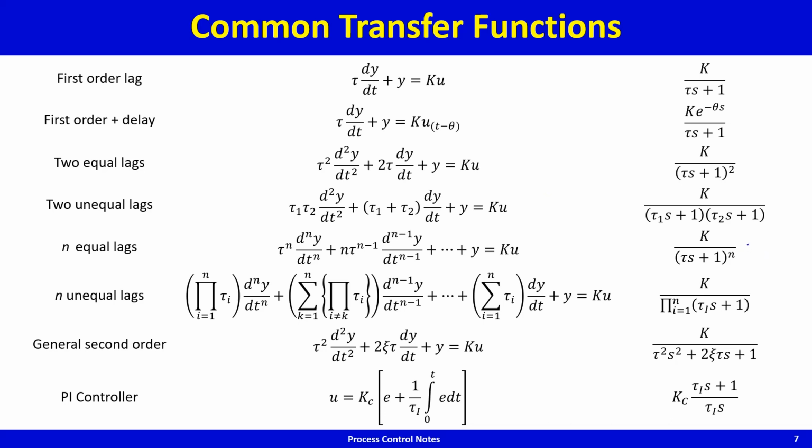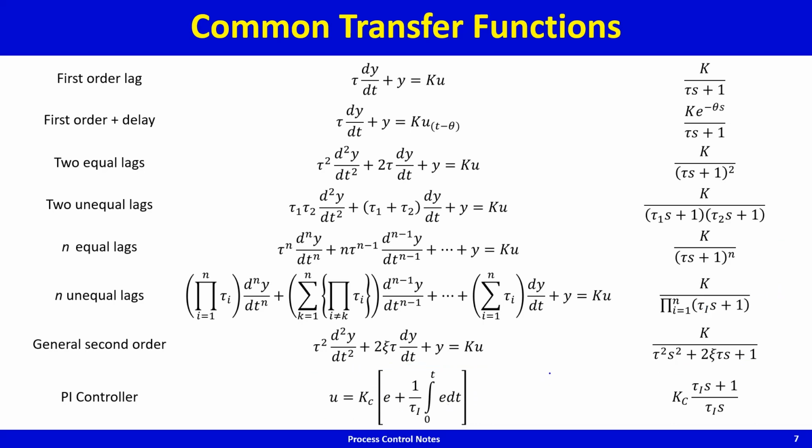N equal lags, this is what you get. N unequal lags, oh, I'm sorry, this should be a small i. General second order ordinary differential equation, transfer function, PI controller. This is interesting. Let's look at the PI controller.